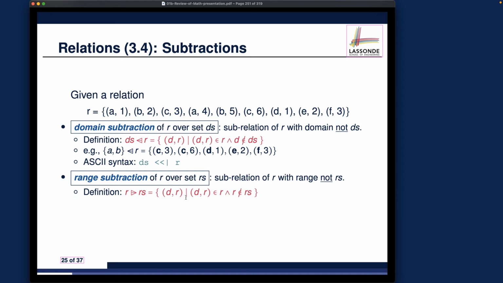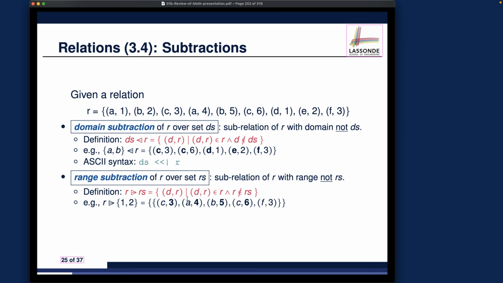Take a look at one example. So what we want to do now is we actually want to subtract 1, 2 over here. Right. We want to subtract 1, 2 over here, and let's now take a look.